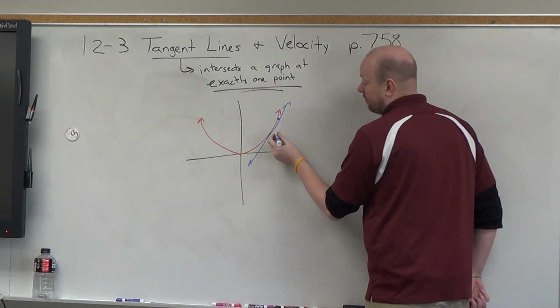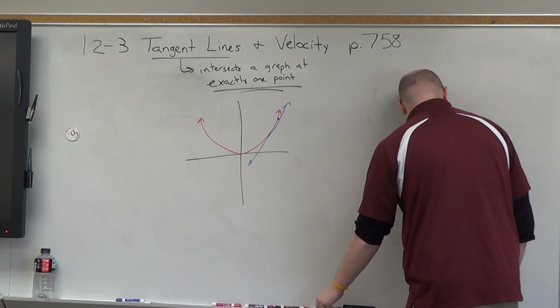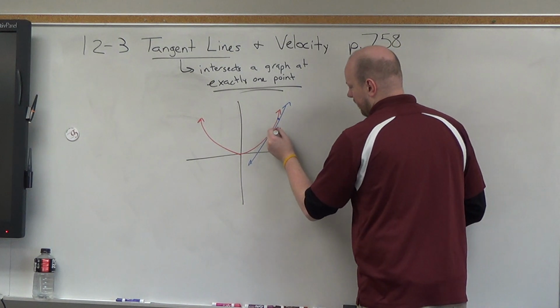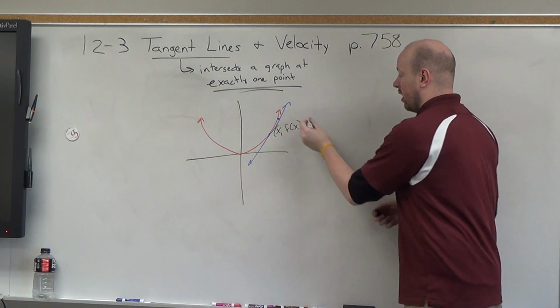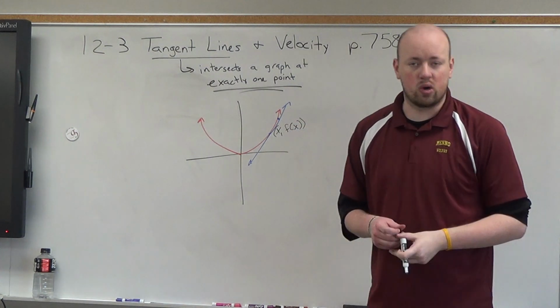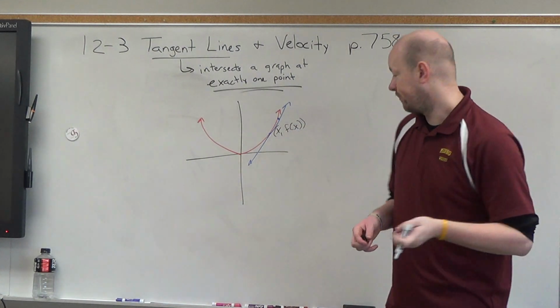So let's say this first point is x, our x coordinate naturally, and then f of x, where whatever x we plug into our equation, f of x is what we get spit out.